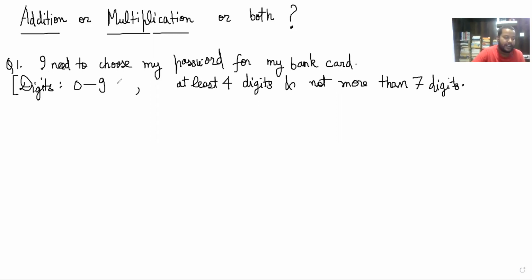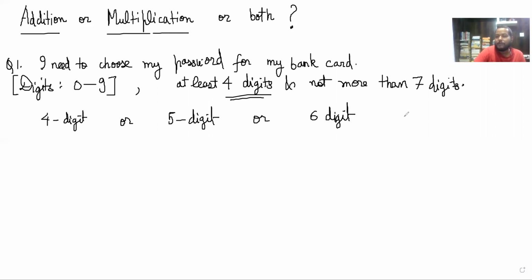Digits 0 to 9 are allowed, and there is no restriction like you can't start with 0, so that is possible. Here, if you think about it, there are multiple ways in which you could create your password. You can create a 4-digit password, or a 5-digit, or a 6-digit, or a 7-digit password.